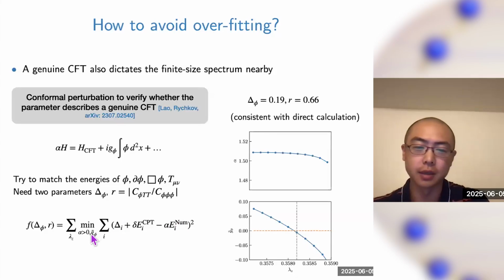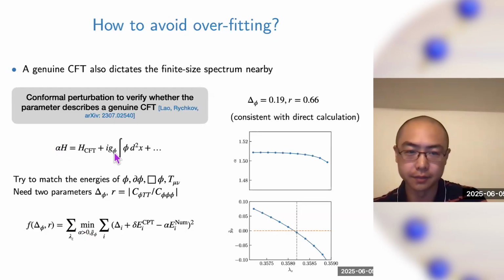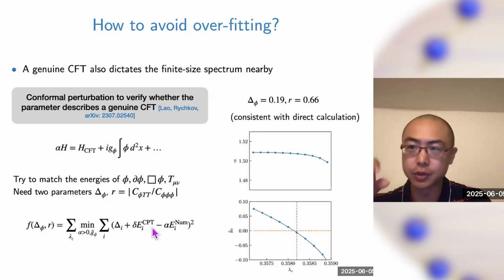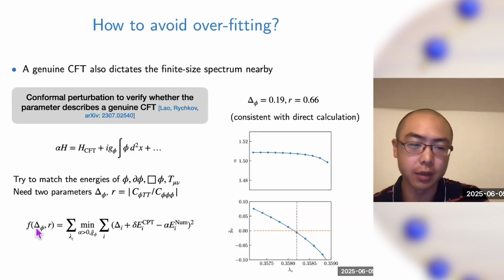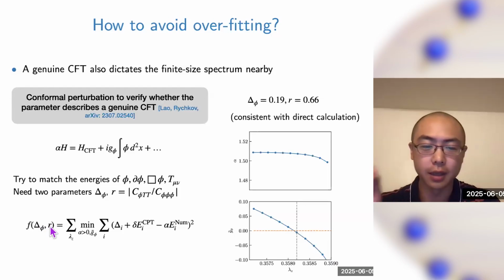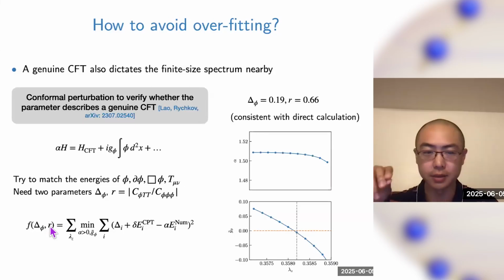And we can ask how to choose this alpha, this rescaling factor, and this coefficient g_phi to match them, to minimize the deviation. And we want to ask what is the Delta_phi and r that can minimize the total deviation at all different nearby lambda_z.